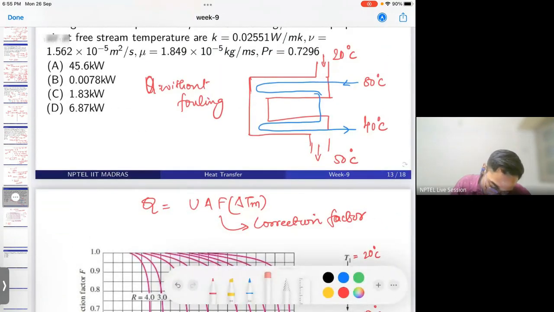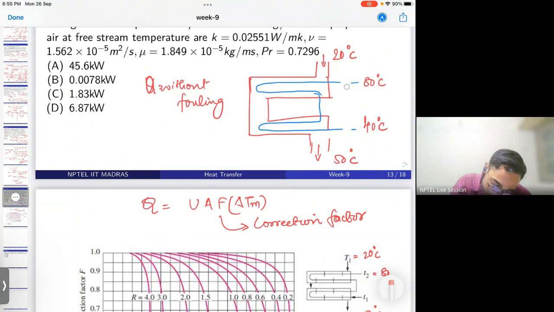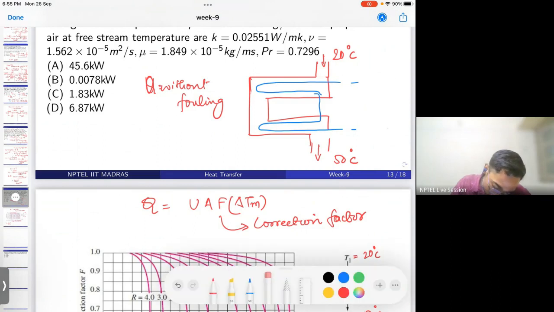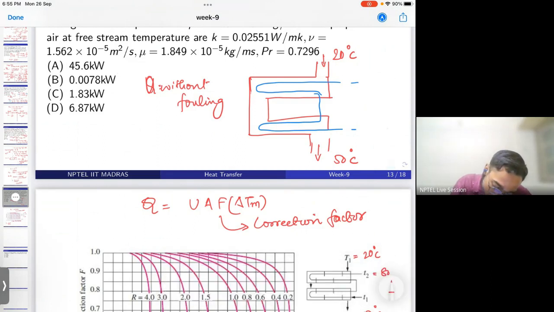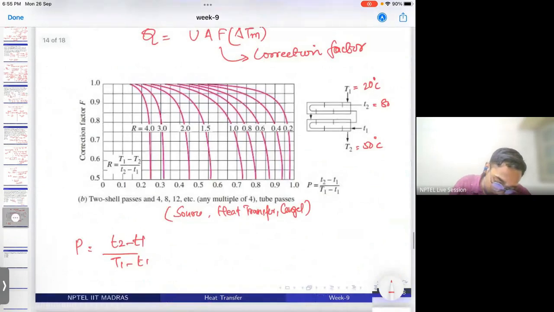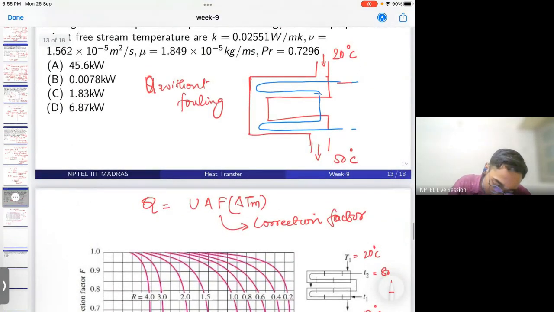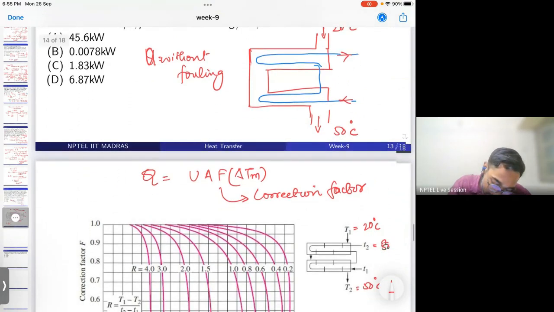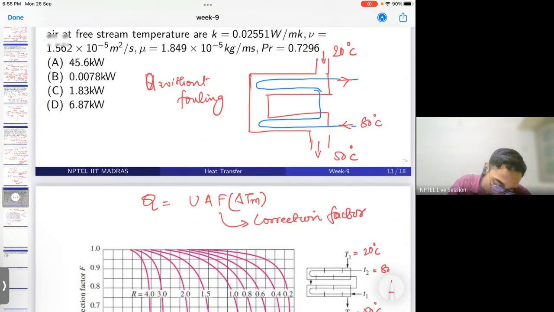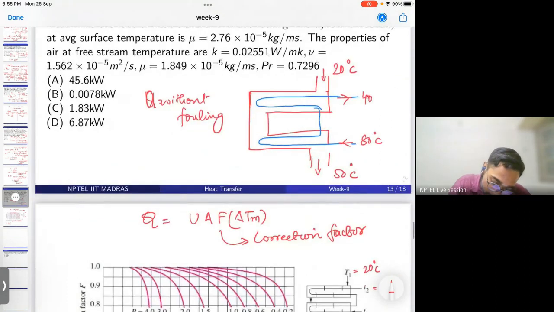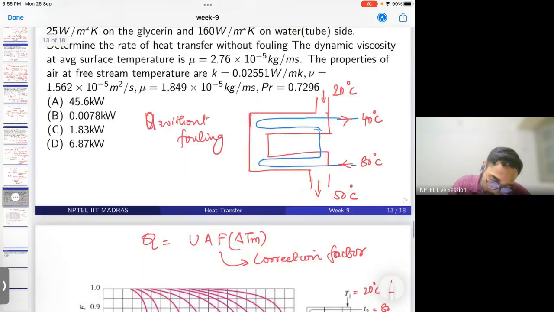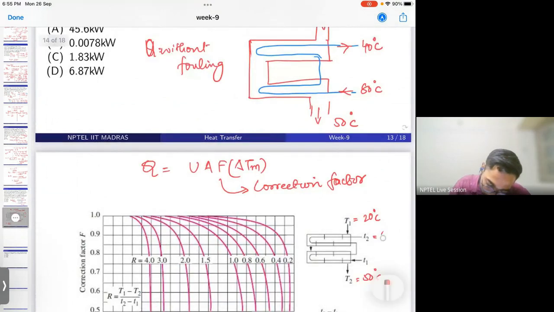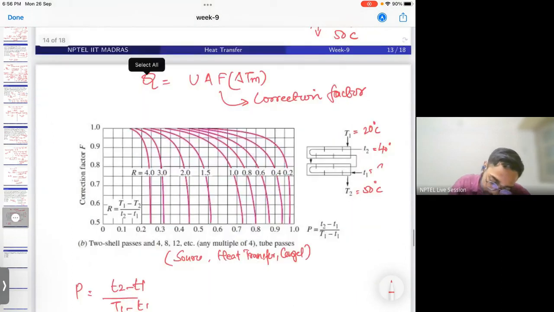So if we draw according to this, okay. So T2 is 40 and T1 is 80.